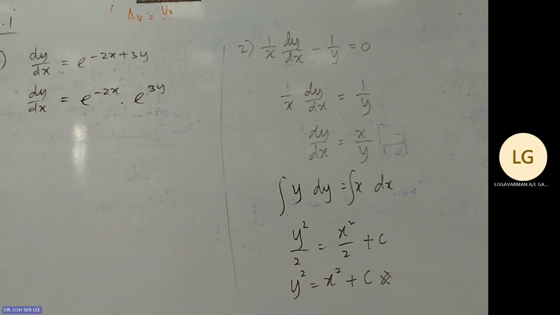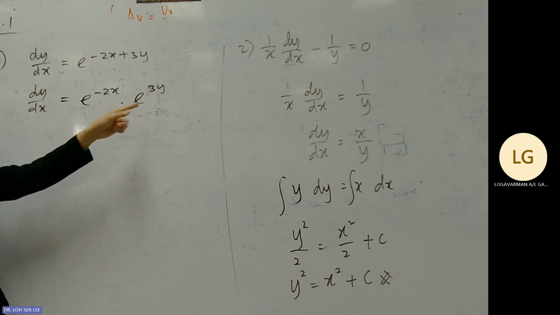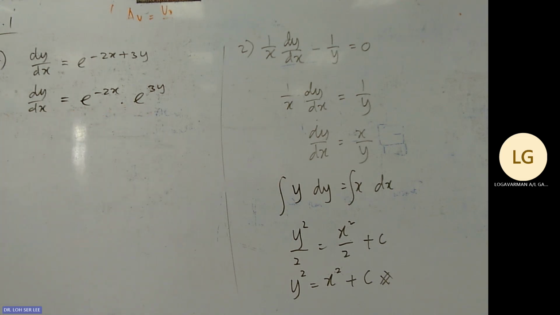Then, when you move this e^3y to the left, what do you get? When you move this e^3y to the left, it will be 1 over e^3y, right? 1 over e^3y is e to the negative 3y. Okay, this negative means 1 over e^3y.